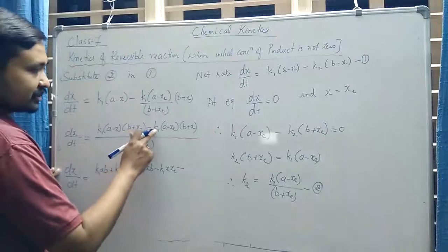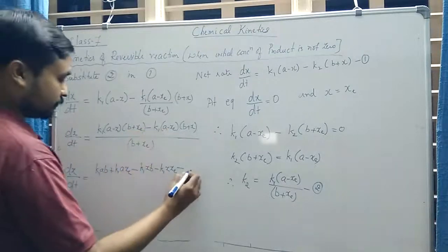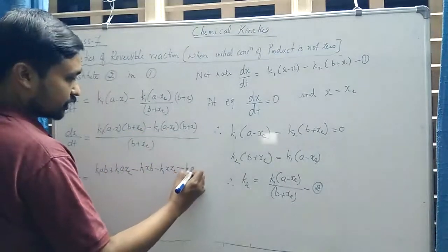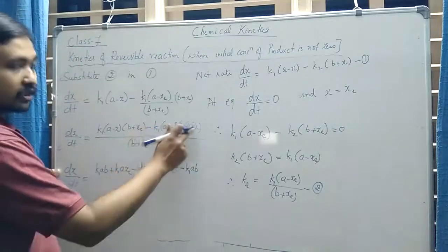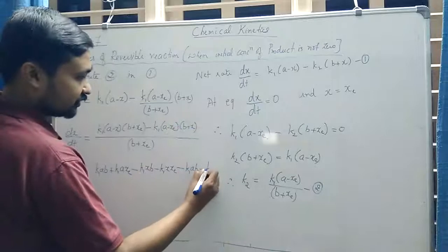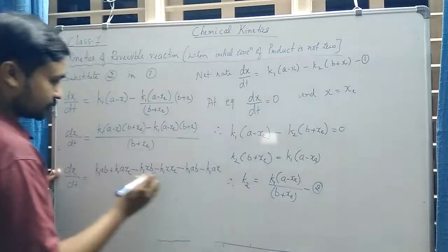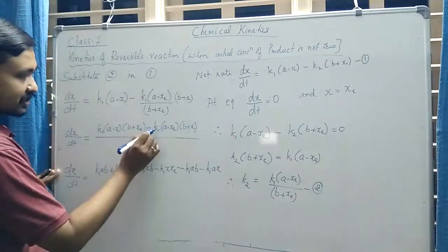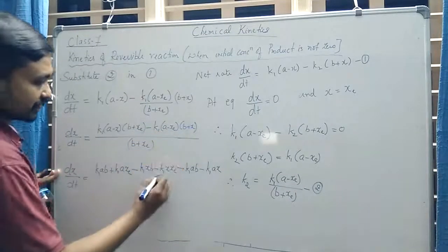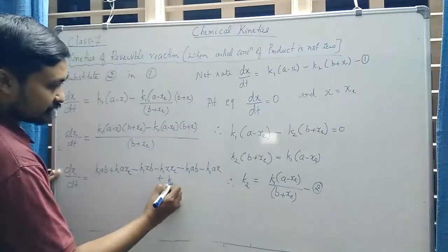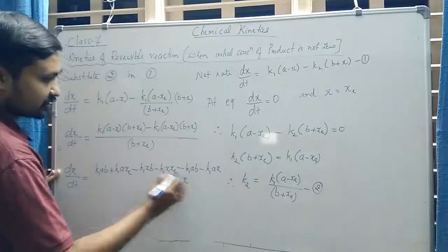Then, the first term is minus k1 into a into b. The second term is minus k1 into a into x. The third term is minus k1 into minus xe, that is plus, into x, so it becomes plus k1 into xe into x.